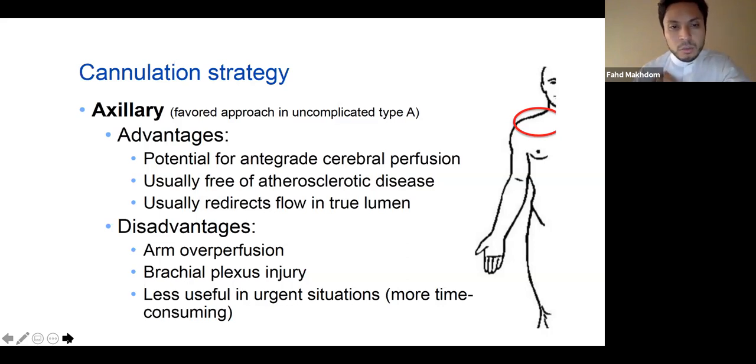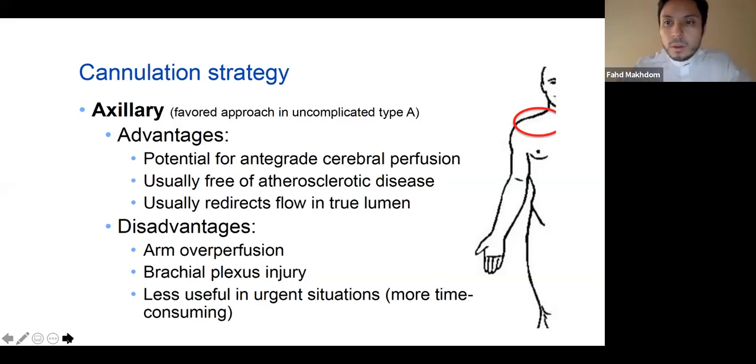The disadvantage is that you are closer to the brachial plexus, with more chance of injury to it. The advantage is that it's easier to get quicker access to the axillary artery, because it's more superficial. The more lateral you go, the more superficial the artery is.